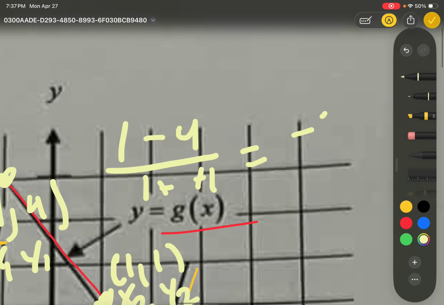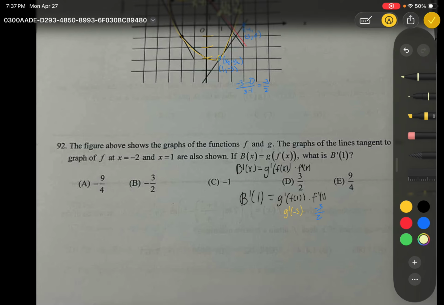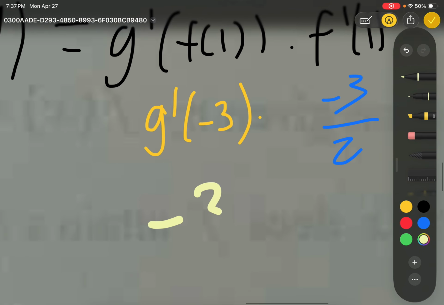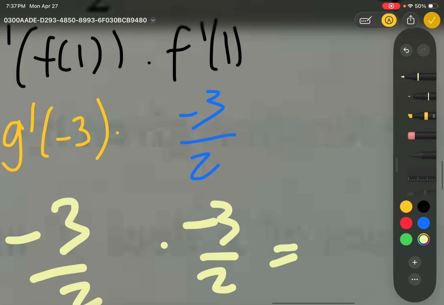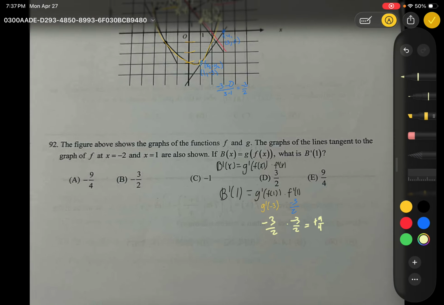So it's going to be negative 3 over 2. So it's going to be negative 3 over 2 times negative 3 over 2, which leaves positive 9 over 4.